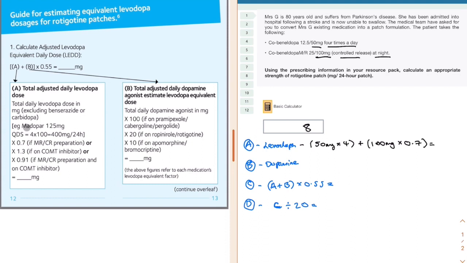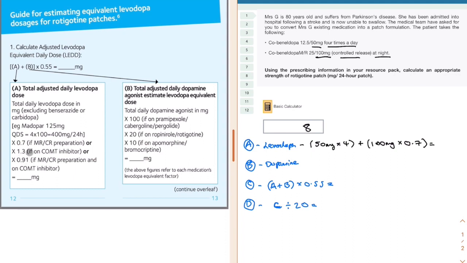Now, looking at this box over here, if the patient was on, for example, a COMT inhibitor like entacapone or something like that, we would have to multiply by 1.3. However, if they're on an MR preparation and a COMT inhibitor, then we would use this value to multiply it by 0.91.